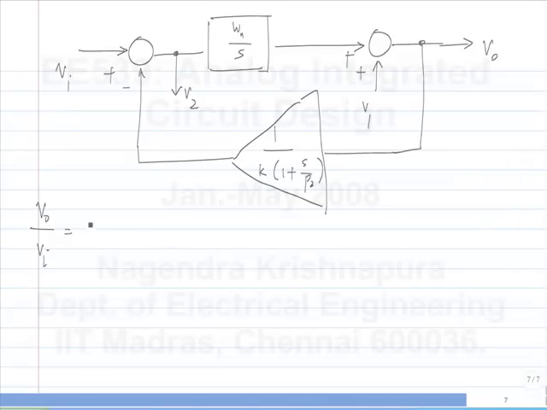Okay? Or the alternative form is 1 over H times 1 over 1 plus 1 over GH. So can you quickly say what the transfer function is? So you get 1 over H, so you get the reciprocal of this one. Okay? 1 plus S by P2 divided by the denominator polynomial, and this is something we have seen many times, right?